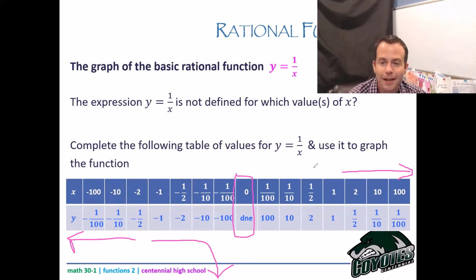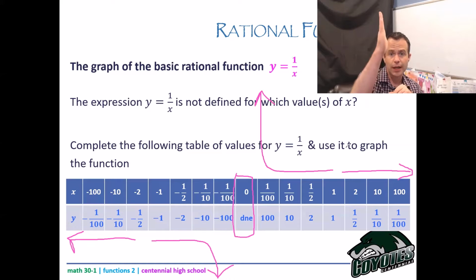But again, I won't get there yet. So when I approach 0 from the right, what's happening is my y values are shooting up to positive infinity. So actually, the way I've just done this, that is what the graph is going to end up looking like. You're going to connect those together, and you've got this vertical asymptote at x equals 0, and you've got this horizontal asymptote at y equals 0.